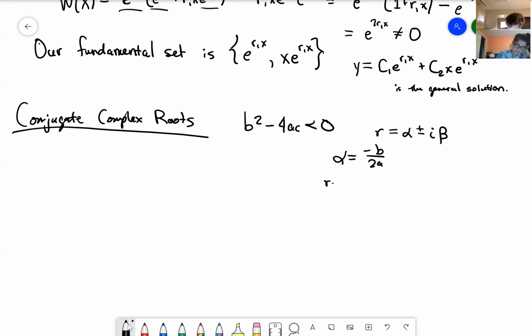That's the real part of the characteristic root. And beta is equal to the square root of 4ac minus b squared over 2a. This is the imaginary part of the root.